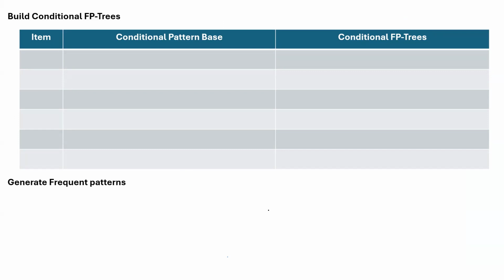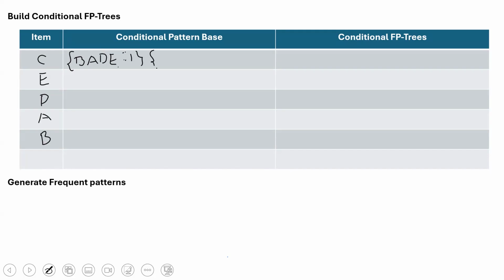It is C, E, D, A, B. And then the conditional pattern basis is B, A, D, E at 1, B, A, D at 1, and then B, A is 1, B, A, E is 1, and the other one is BD is 1.